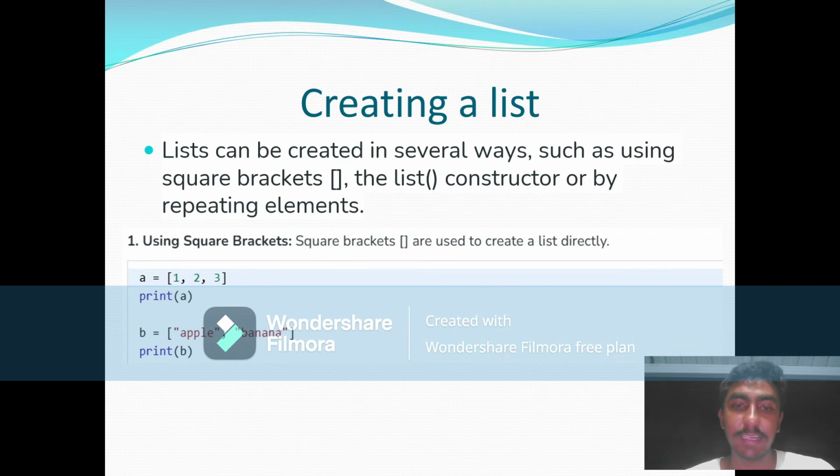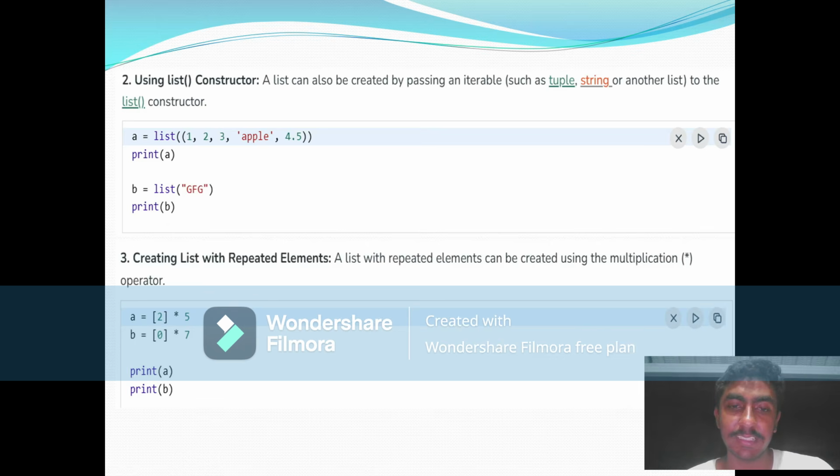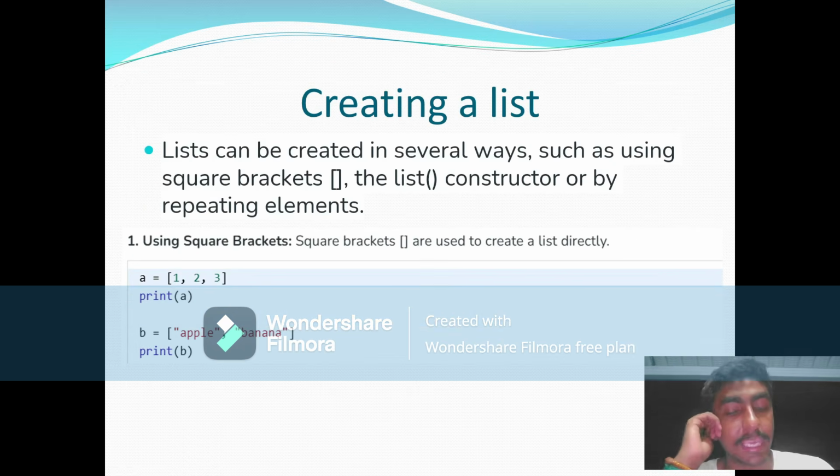Now let's create a list of names, for example apple, banana. Again, very simple. Creating an empty list is also simple. We just write square brackets. Right now the list contains nothing. Later we can add elements to it. This is useful when we don't know how much data a user will enter.